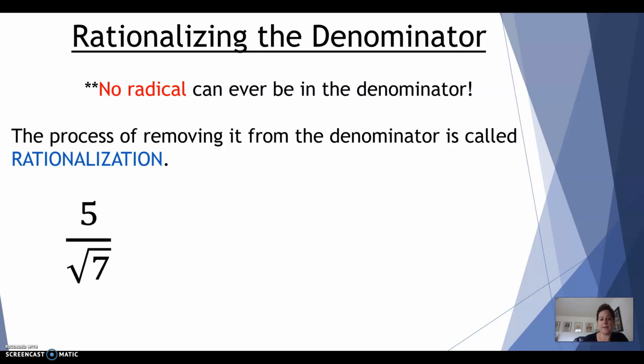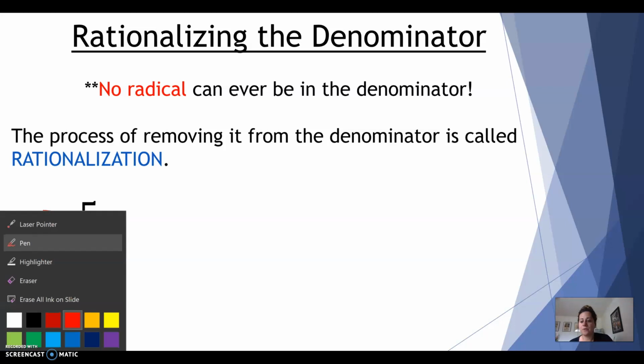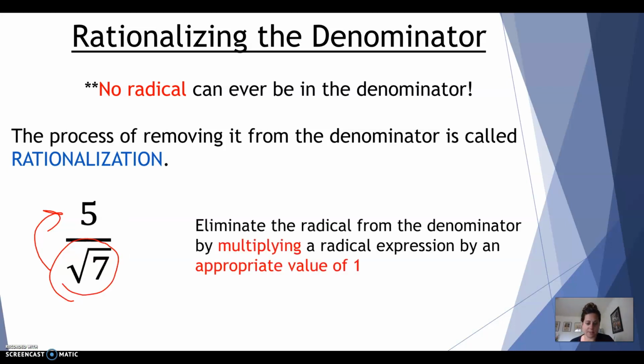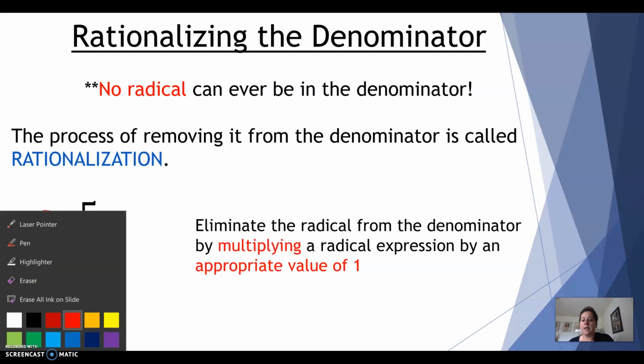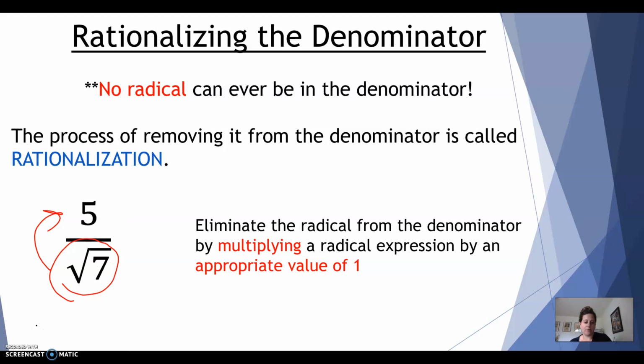So here's an example of what a problem would look like. If you left this as an answer, I would mark it wrong, because you cannot have a square root on the bottom. It can be on the top, but it can never be on the bottom. So here's the process of what you would do. You would eliminate the radical from the denominator by multiplying this problem by an appropriate value of 1.